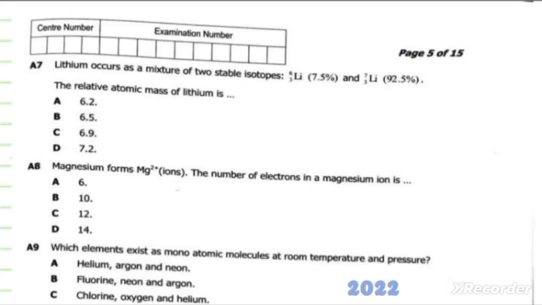The question reads: lithium occurs as a mixture of 2 stable isotopes, lithium 6, 7.5%, and lithium 7, 92.5%. The relative atomic mass of lithium is A.